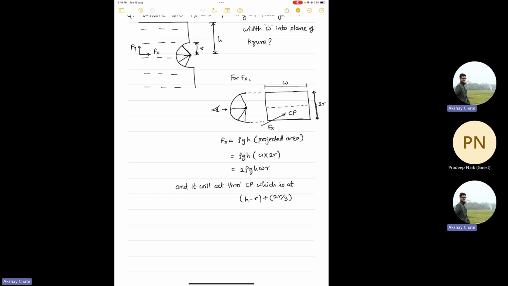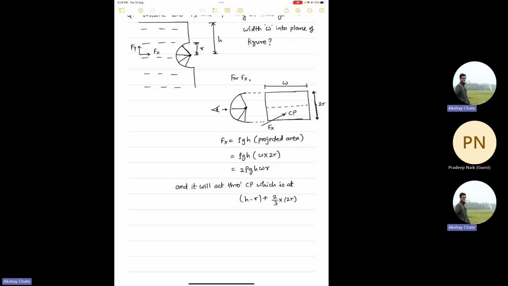And we know that for a vertical plate it is at 2H by 3 of the total height. So here it will be 2 by 3 into total height, which is 2R.